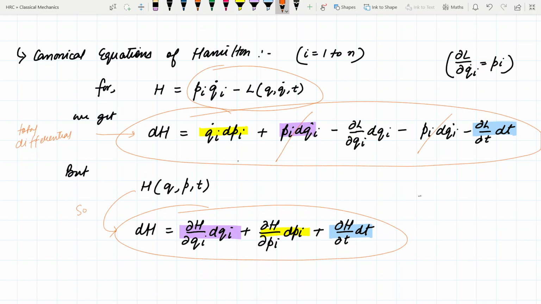अच्छा, मैंने यहाँ पे एक चीज़ प्रूव नहीं किया है. मैंने ये del L upon del q_i क्या ये प्रूफ किया है क्या?